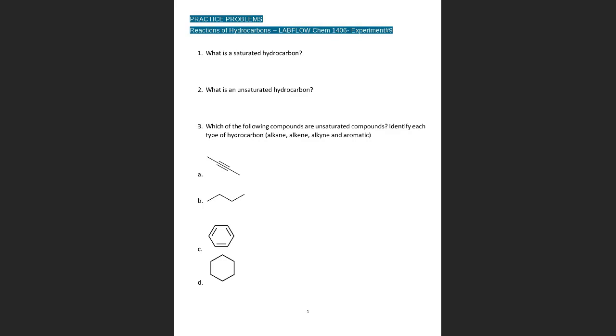And in saturated hydrocarbons, all the carbon atoms have 4 single bonds, which means the compound will have all single bonds, and that is a saturated hydrocarbon.